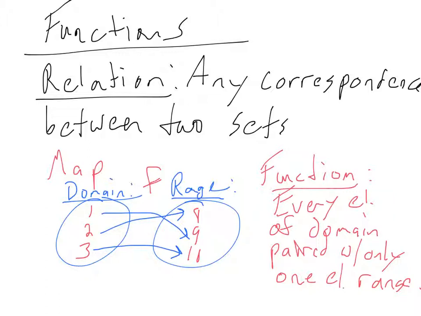There's more terminology than that, I guess not. I'll just give you some examples. I'm going to give you a couple mappings here, and I want you to decide whether these relations, they'll all be relations, are functions or not, based on the mappings.